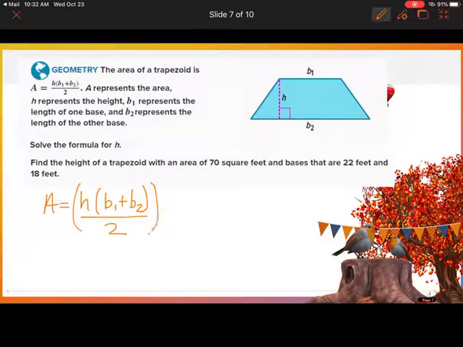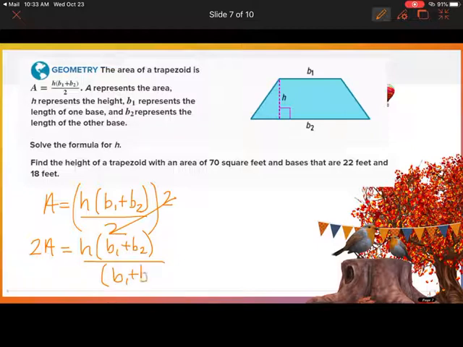So the first thing I have to do is multiply by 2. So that gives me 2A equals H times B1 plus B2. Now I'll divide by that B1 plus B2. So I'm left with H equals 2A over B1 plus B2.